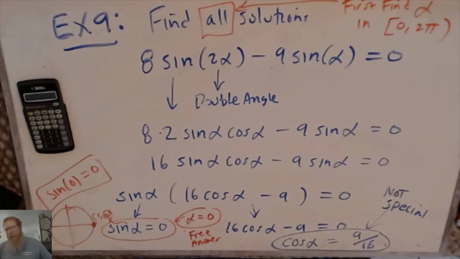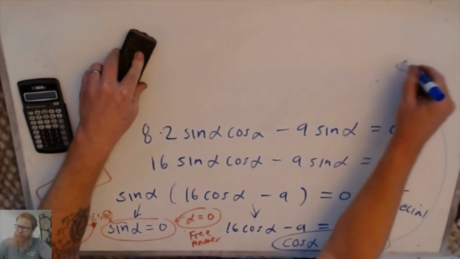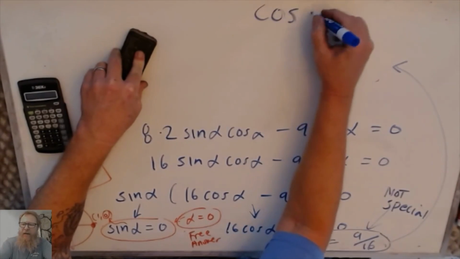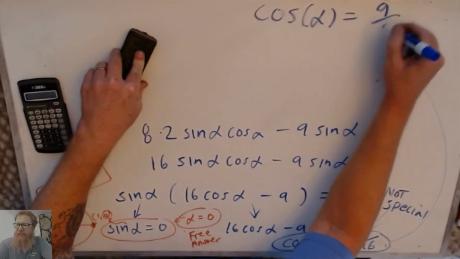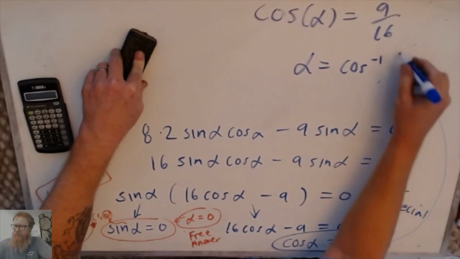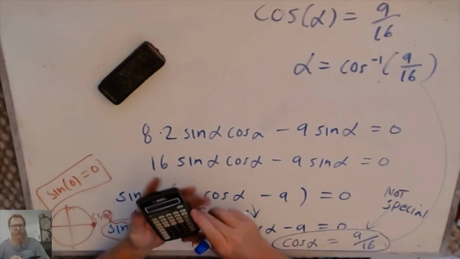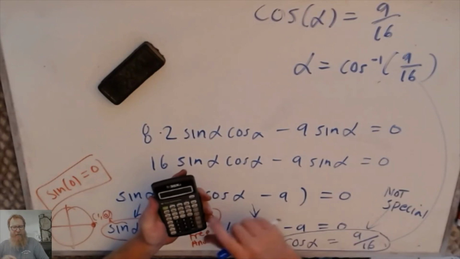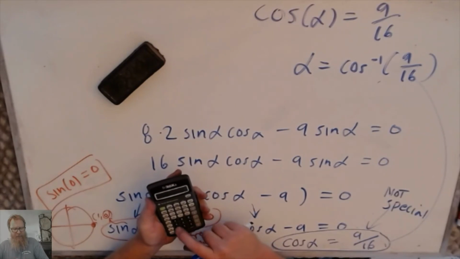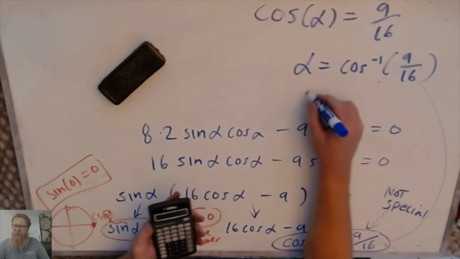So cosine of alpha is 9/16. I need to do the inverse of this, the inverse function. So if cosine of alpha is 9/16, then alpha is cosine inverse of 9/16. Again, in radian mode, 9/16 cosine inverse.